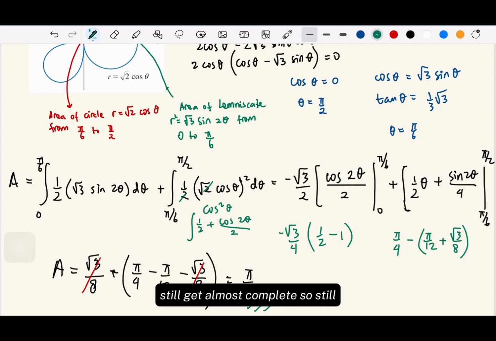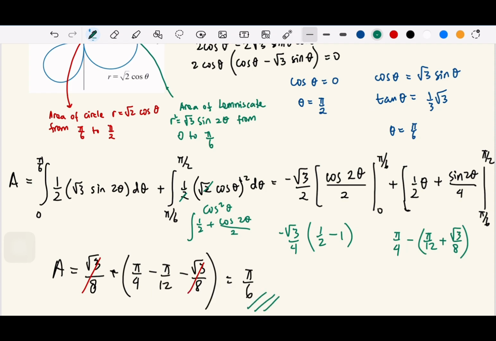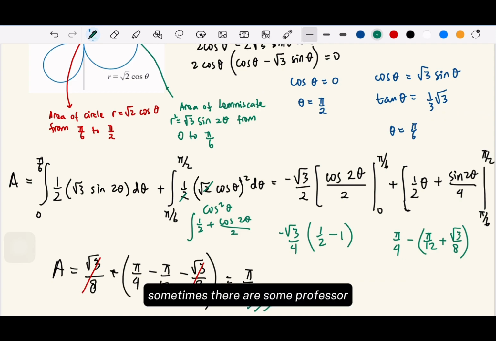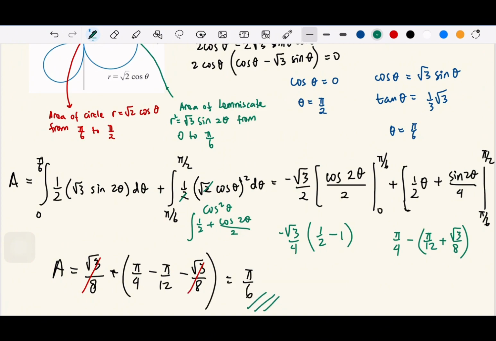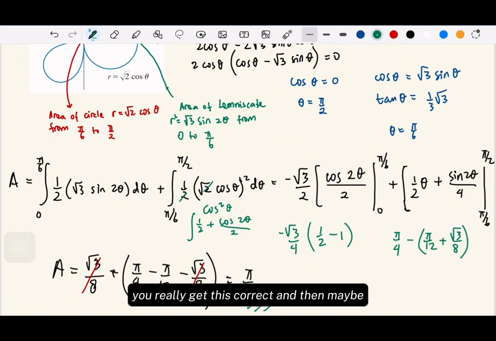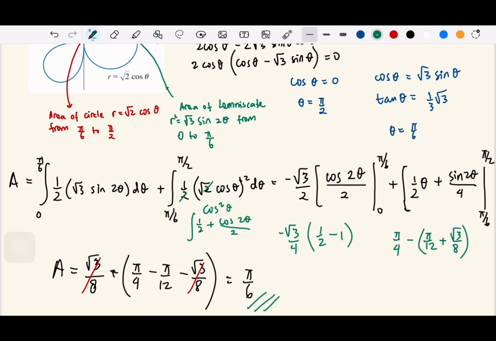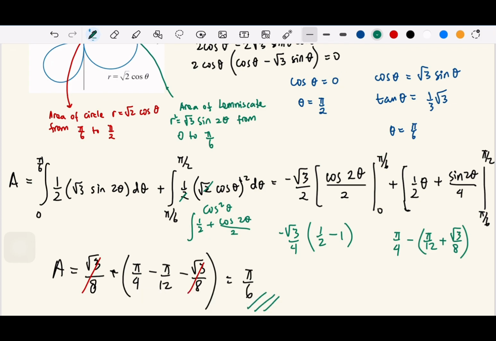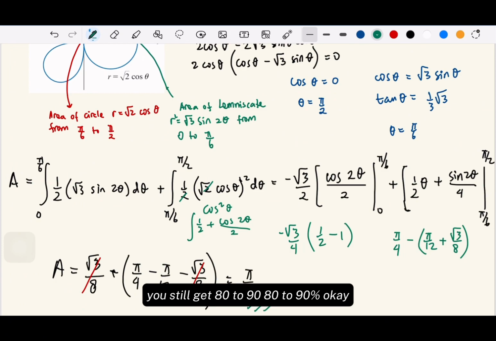You still get almost complete, so it's still okay. Because everybody makes mistakes. I appreciate students who are, it's already correct. Sometimes there are some professors, you really get this correct, and then maybe some small mistake here, and you get 0. But now I think if you don't get this, but you are getting correct here, you still get 80 to 90%.